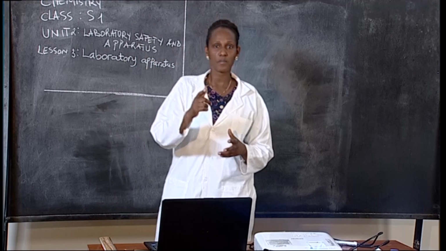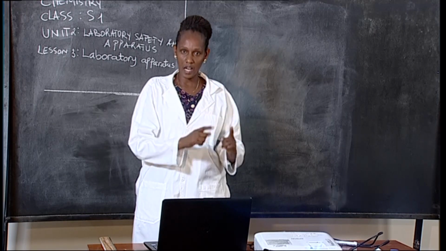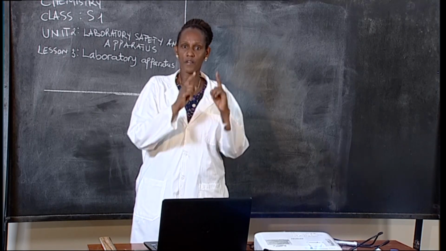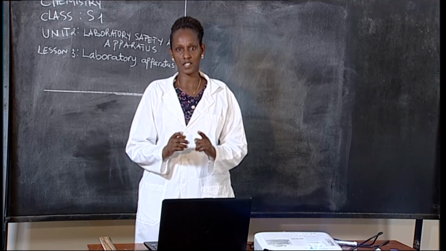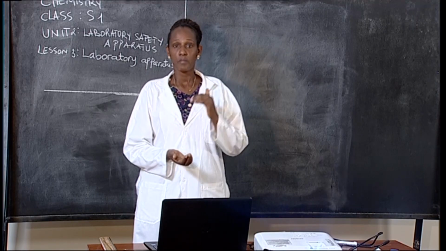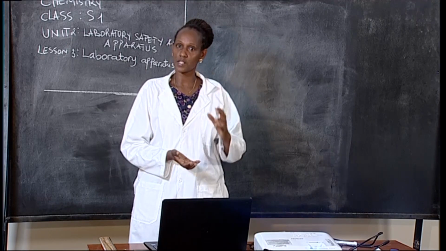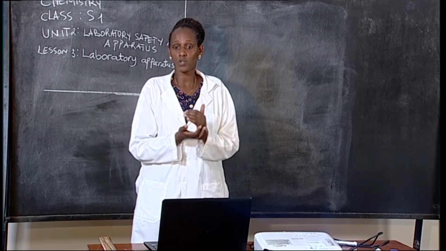All right? You remember in the rules and regulations that when you're in a lab, you need to be very attentive. You don't attempt any experiment without a teacher's permission. Why? Because there are some substances, the chemicals specifically, which are very dangerous to our lives.